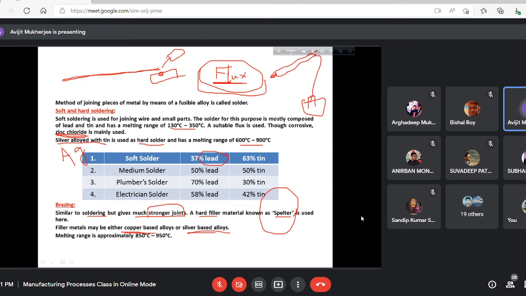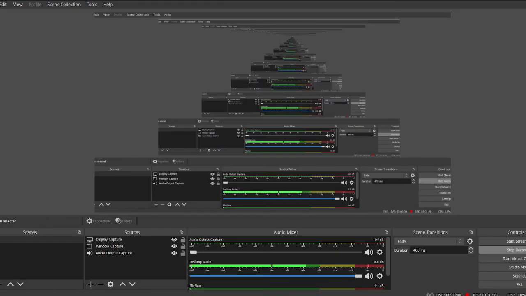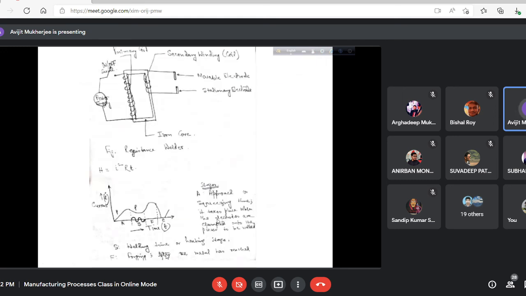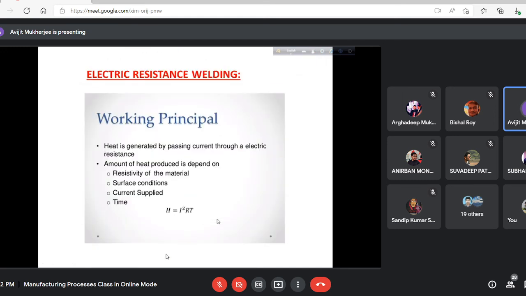For softer, copper based alloys. Accordingly, their melting temperature is very high, 850 to 950. Spelter is particularly connected with brazing. This is a filler metal. So soldering and brazing are discussed.